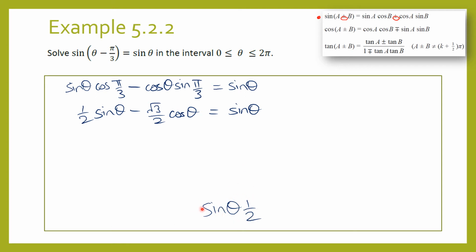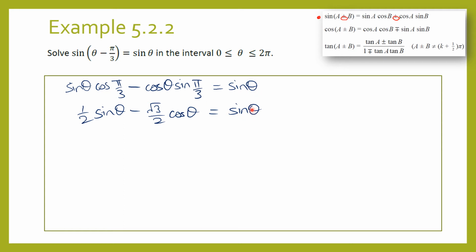So it's easier to put the half in front. It's not only easier, it's just tidier as well. In the second term, sine of pi over 3 is root 3 over 2. Once again, I've written that in front of cos theta. Nothing has happened to the right hand side.